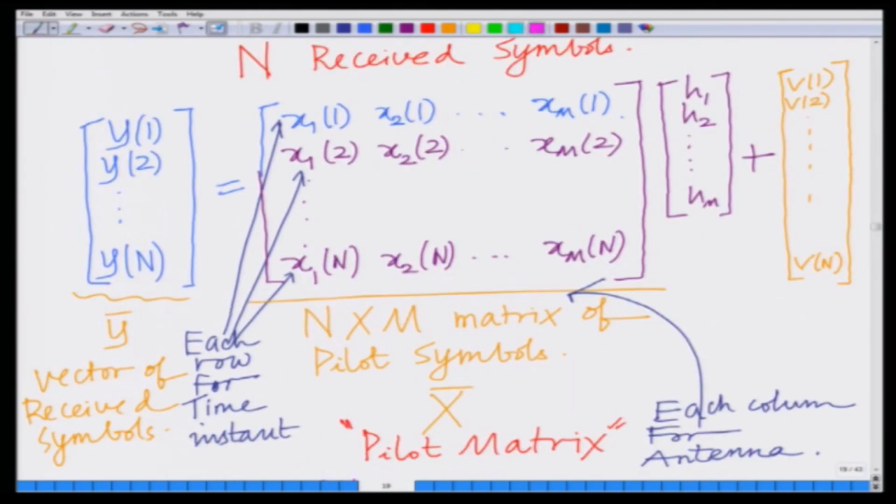Of course, this we have already seen before. This is h1, h2, hm, which is the channel coefficient vector, the channel vector h bar.